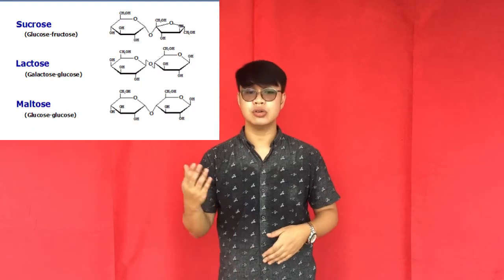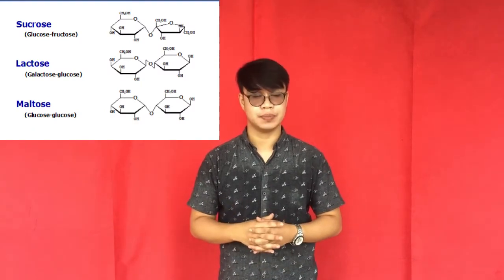Now let's talk about disaccharides. From the root word di, which means two. These are 2 monosaccharides bonded together. Examples of this are lactose, sucrose, and maltose. Now take note of these combinations.